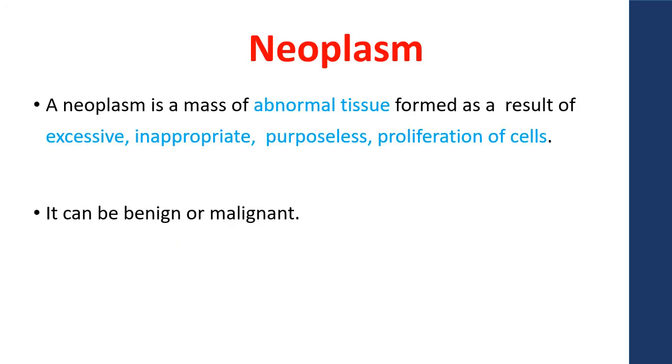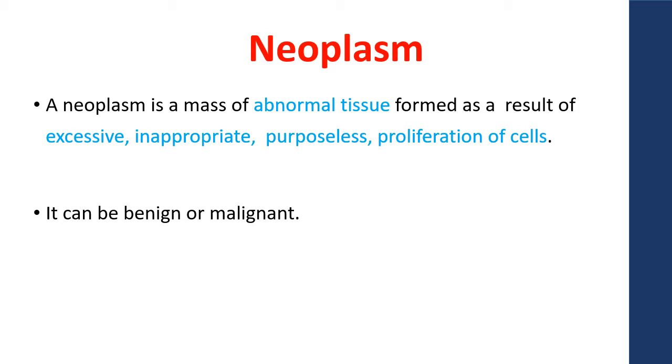First of all, a neoplasm is a mass of abnormal tissue formed as a result of excessive, inappropriate, purposeless proliferation of cells. These cells have no function and are harmful to the patient.